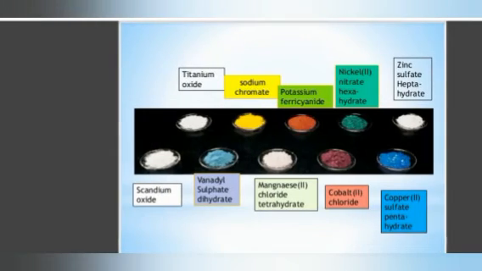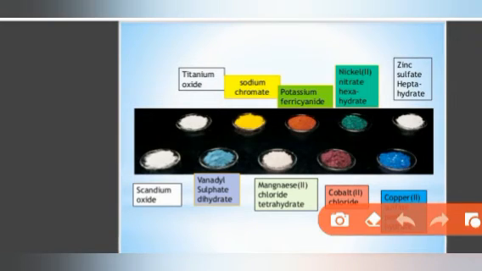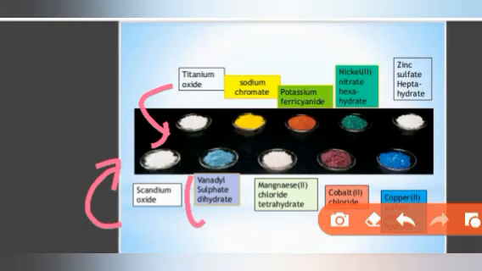So next, you can see some examples of colored compounds. Pay attention. Scandium oxide is white, titanium oxide is pale yellow, pale white. Vanadium sulfide is a little bit green. Sodium chromate is yellow. Manganese chloride tetrahydrate is pale yellow. Potassium ferricyanide is red. Cobalt is maroon.